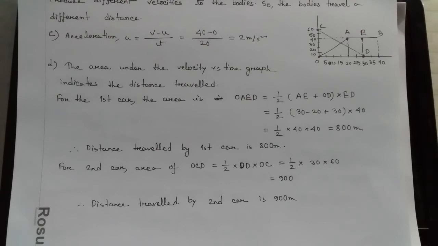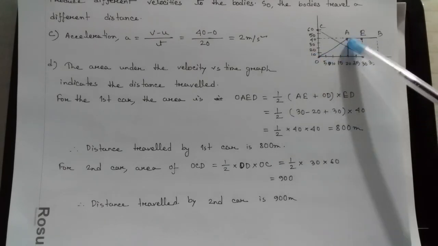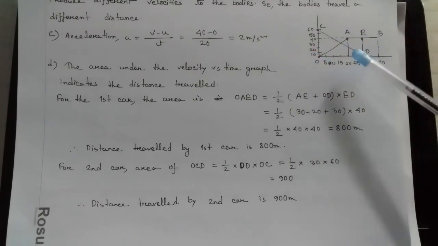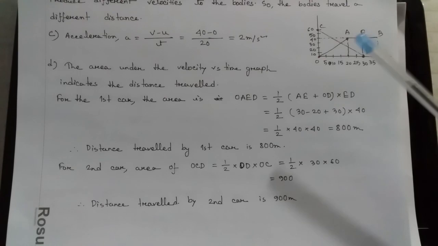meters. That means the second car travels more distance here, because for the 30-second time the first car is moving with increasing velocity for the first 20 seconds, but for the last 10 seconds it moves with uniform velocity.